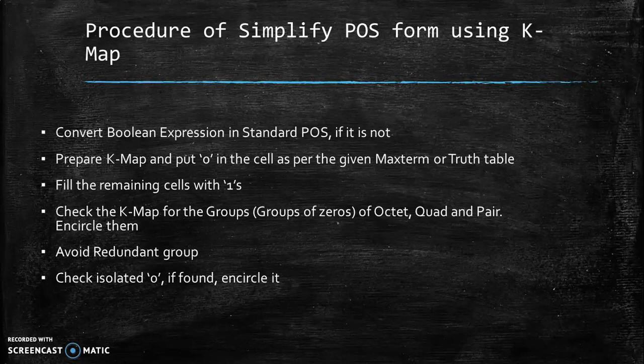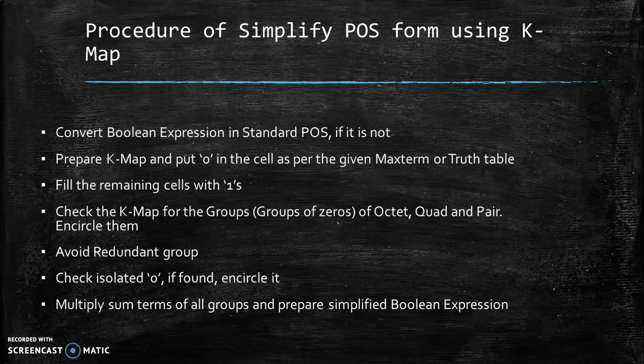If any 0 still remains without a group, then we have to encircle it, and that is an isolated 0 and it is a group of single. Multiply sum terms. With each group we prepare sum terms, and then at last we have to multiply the sum terms of all the groups and prepare the simplified Boolean expression.